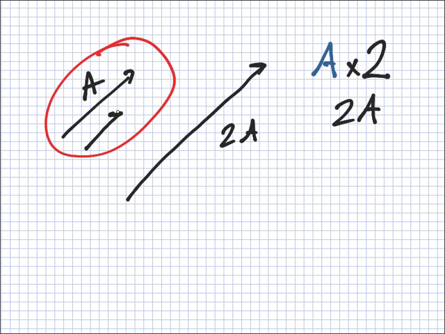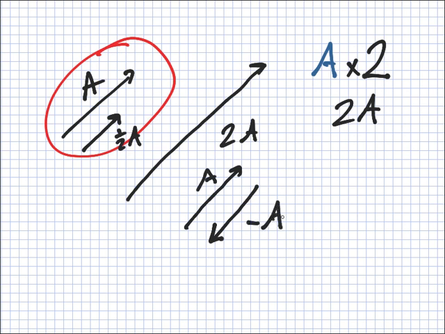What would you say this one is? Half. That would be a half A. And what would this be? If this is A, what's the other one? It's the same scalar. Yeah, I think he has it.